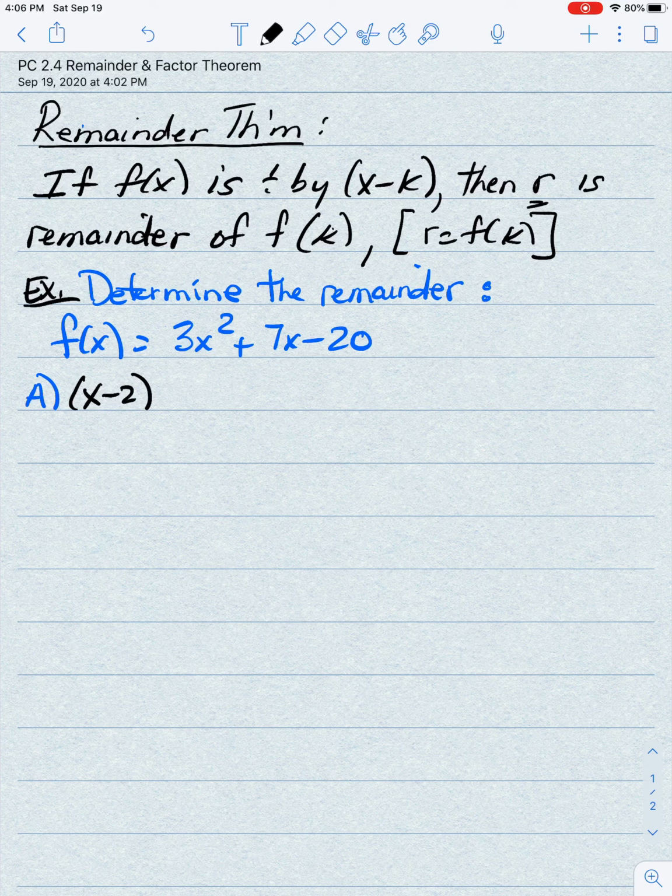Determine the remainder if f of x is divided by x minus 2. Okay, so let's say I have 3x squared plus 7x minus 20 divided by x minus 2.